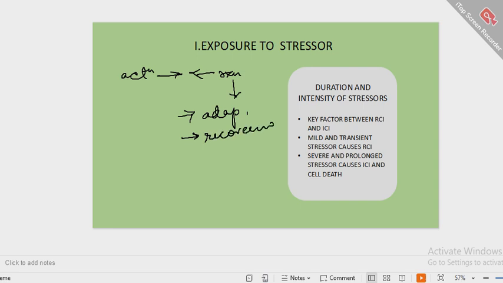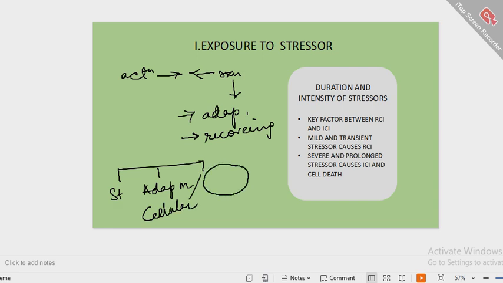So the first step of reversible cell injury is stress, and the second step is the adaptive mechanism or cellular response.